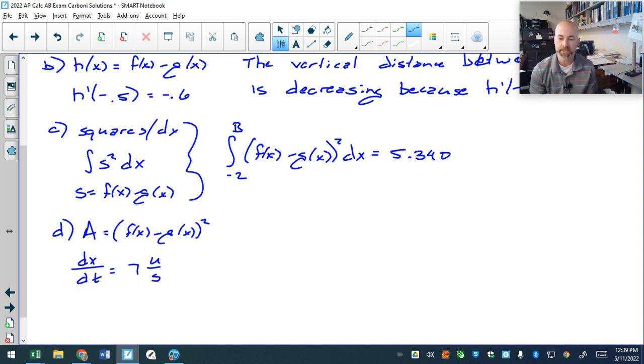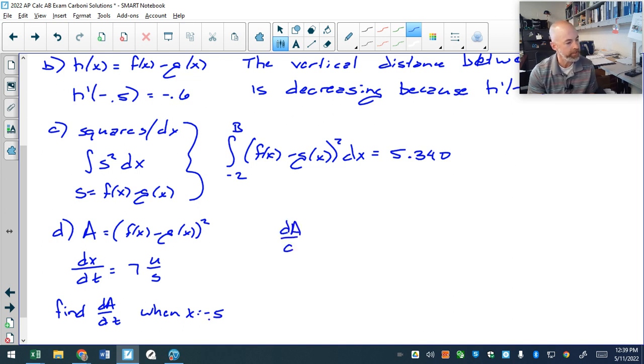We're trying to find the rate of change of the area of the cross section, dA/dt, when x is -0.5.